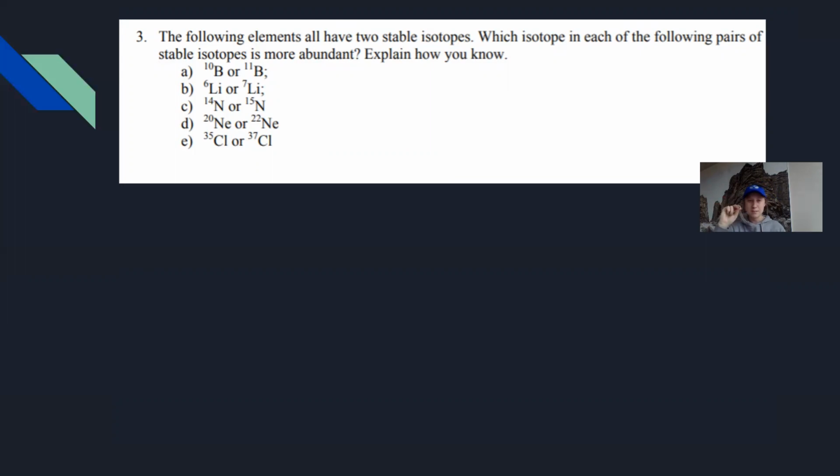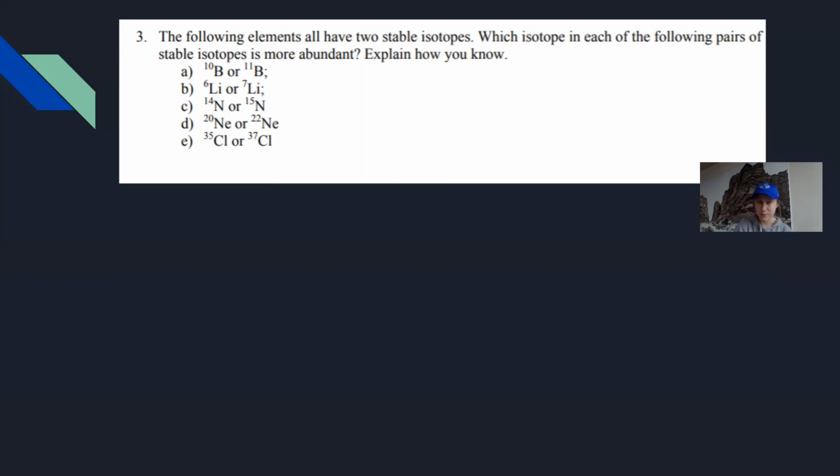So like 10B or 11B, which is boron, right? 10 grams or 11 grams per mole, or AMU. On the periodic table, boron is 10.81, and that's closer to 11 than it is to 10. So boron 11 would be closer than boron 10. So that means that stable isotope is more abundant.